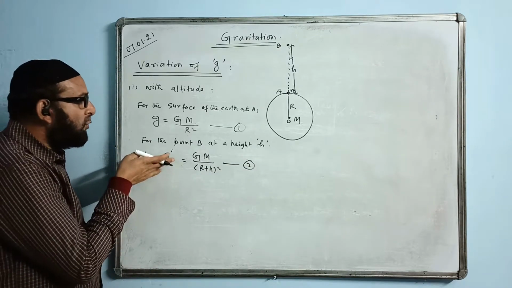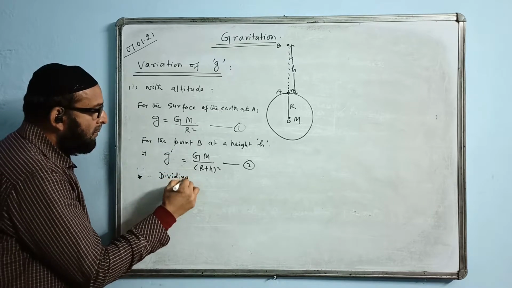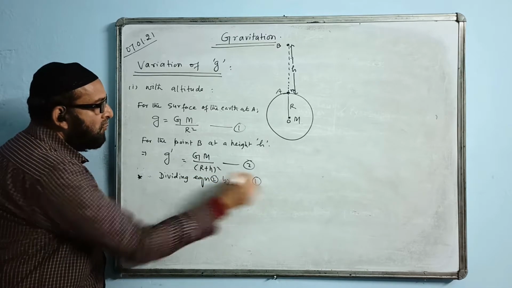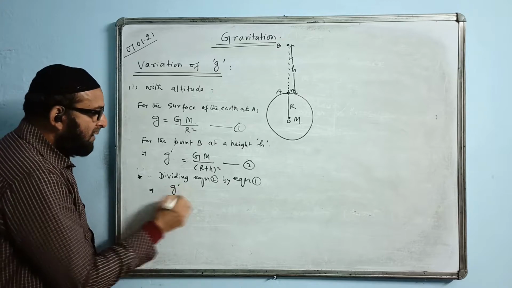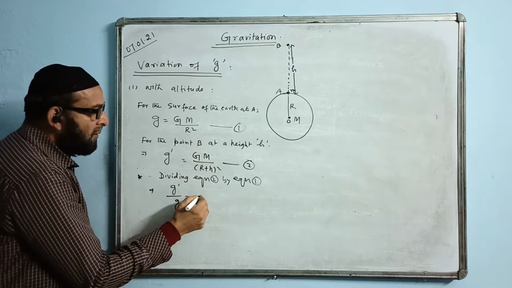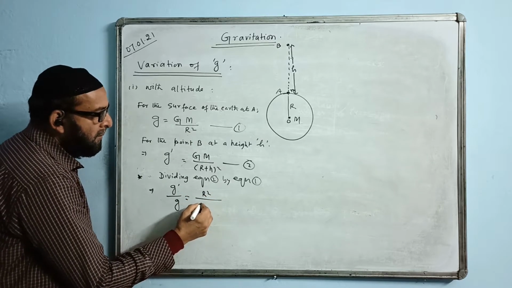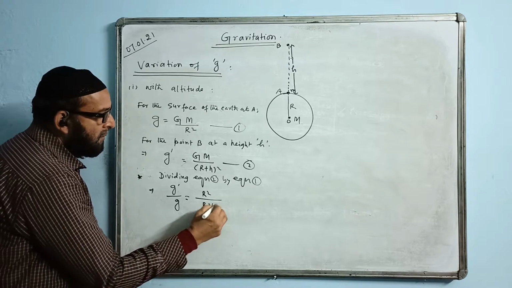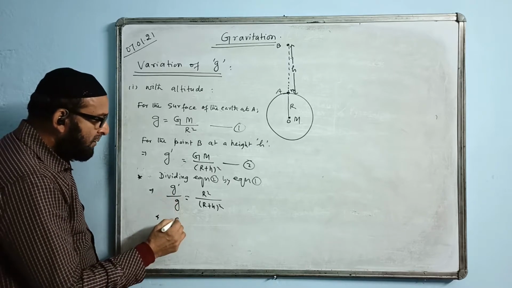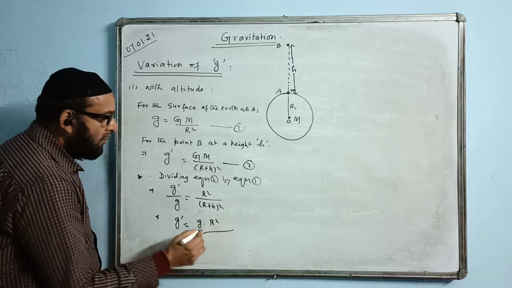Now we'll divide equation 2 by equation 1. Therefore, I am dividing equation 2 by equation 1, we get g dash by g. When you divide this, this will cancel. Your answer will come r square by r plus h whole square. Here g dash is equal to g, cross multiply, g into r square upon r plus h whole square.